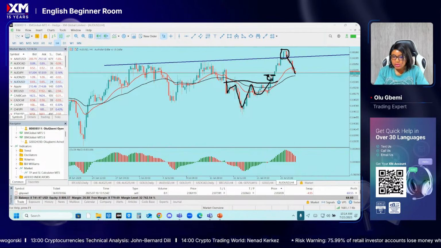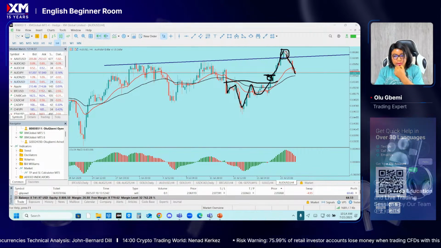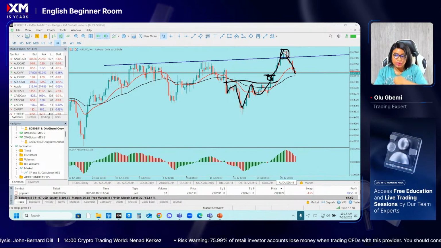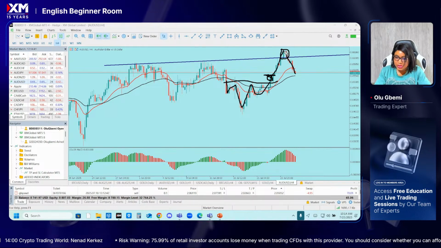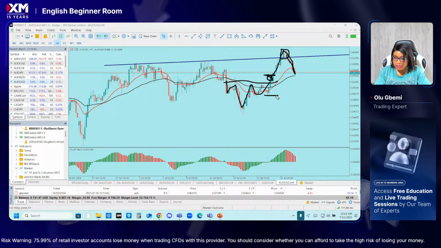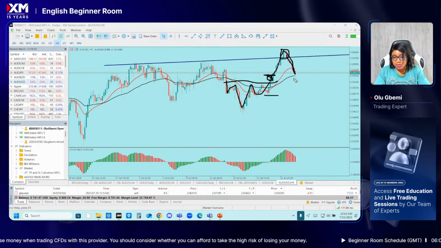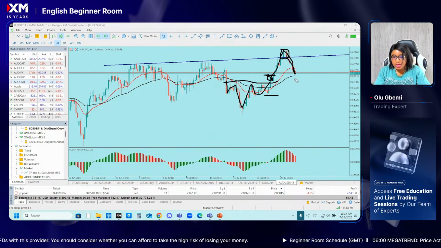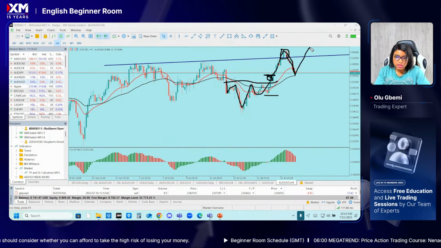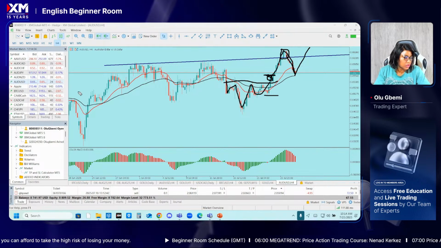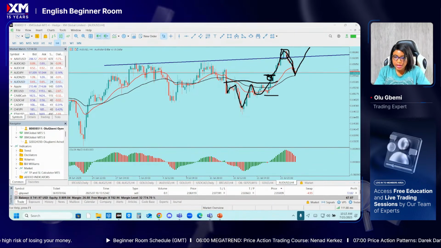If you did your entry there, probably this would have been a good place to have taken your profits. If you haven't, at this time, this still looks like a pullback because this was our last low. And all of this is still just correcting against all that. It is possible this is still just a correction and we see a continuation again anytime soon, giving us an opportunity to join the buyers again.